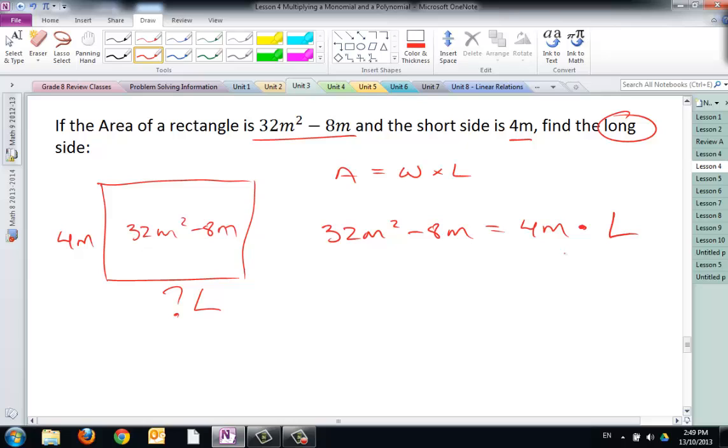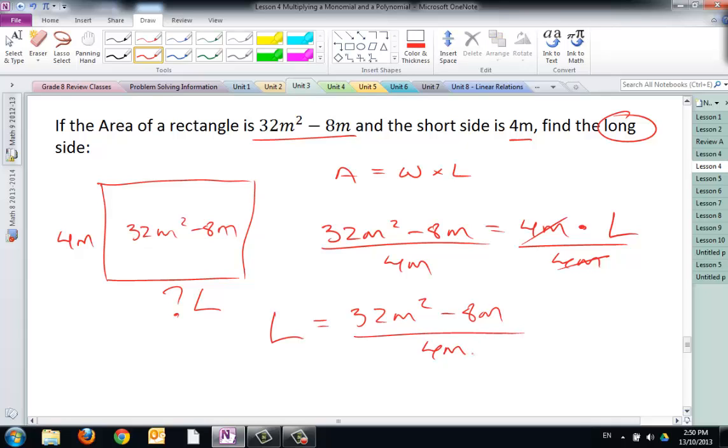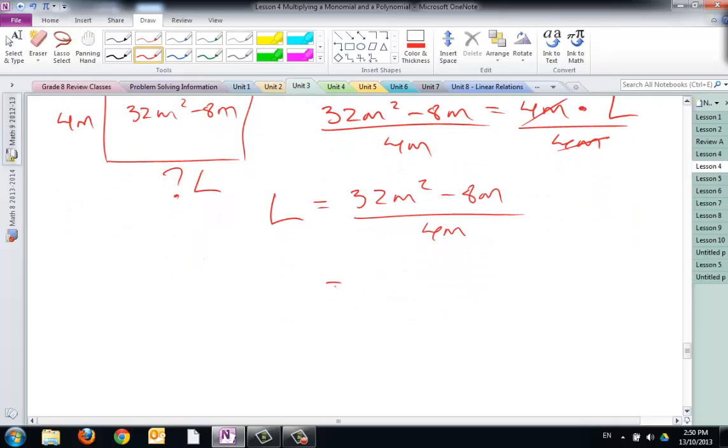I can solve for the length by dividing both sides by 4m. They cancel. And I get the length is equal to 32m squared minus 8m over 4m, which is equal to 32m squared over 4m minus 8m over 4m.